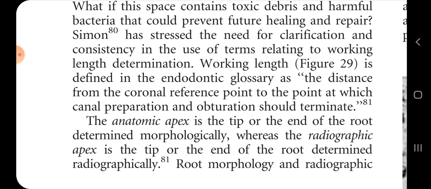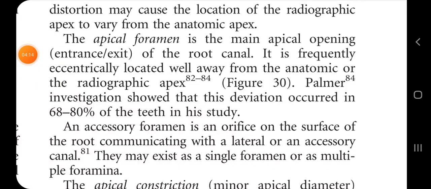Root morphology and radiographic distortion may cause the location of the radiographic apex to vary from the anatomic apex.